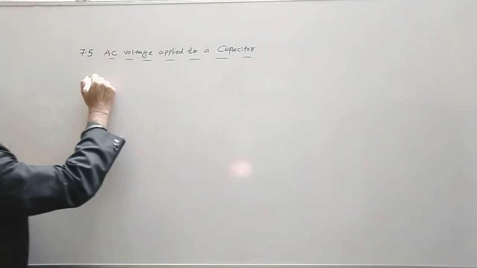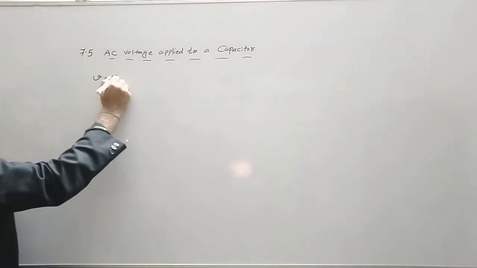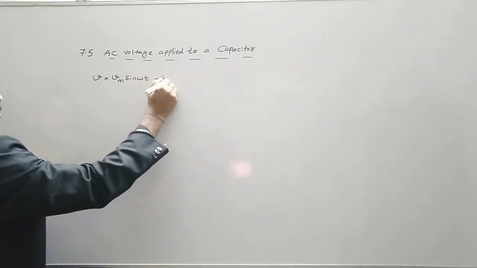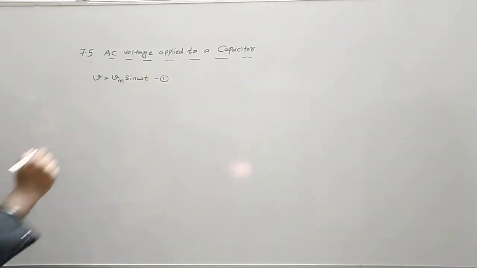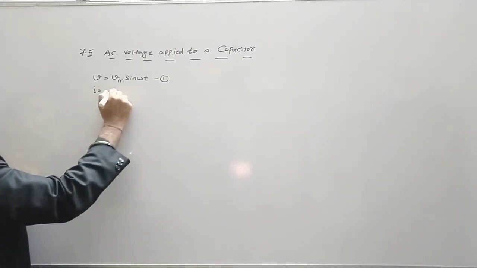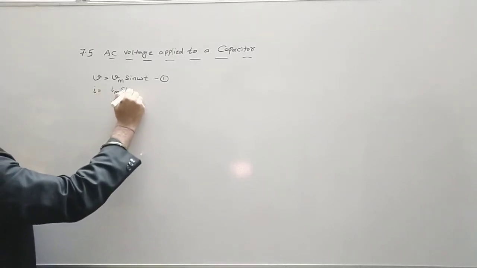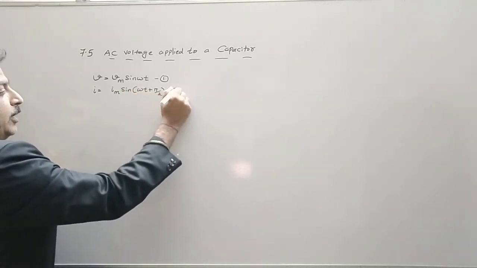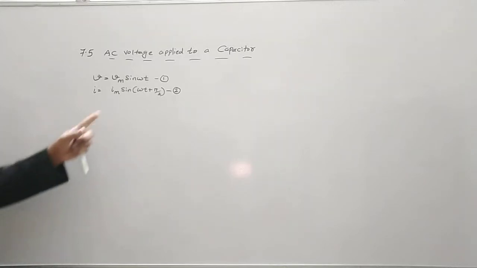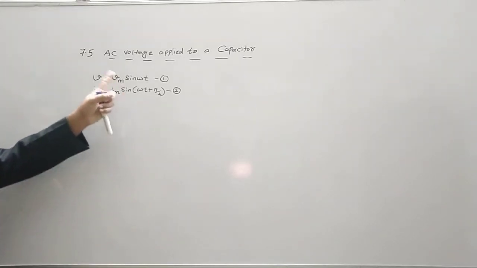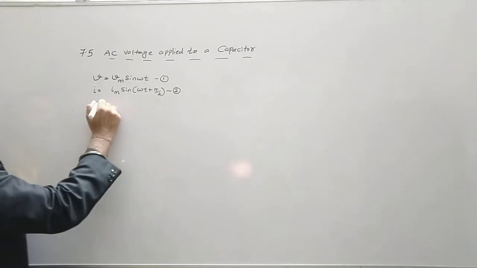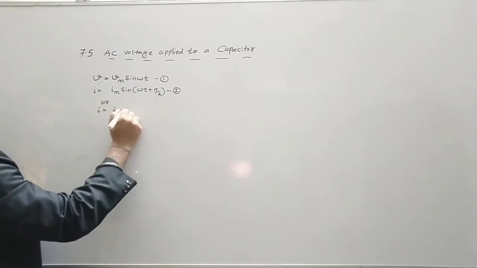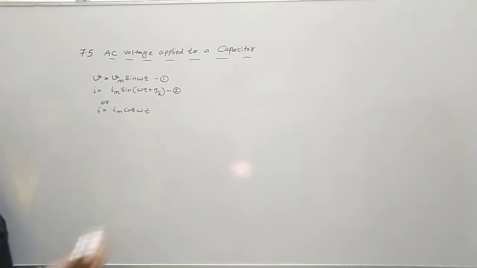In the last lecture, the instantaneous voltage was equal to Vm sin omega t, and the instantaneous current was Im sin(omega t plus pi by 2), and we concluded that the current leads the voltage by pi by 2. You can write this equation as cos of omega t also.